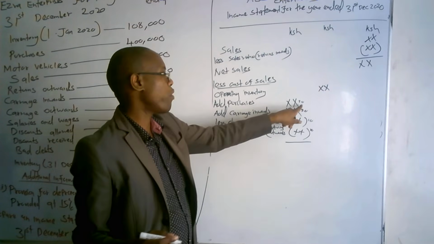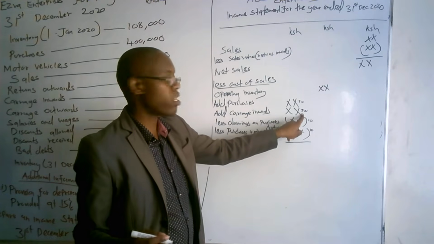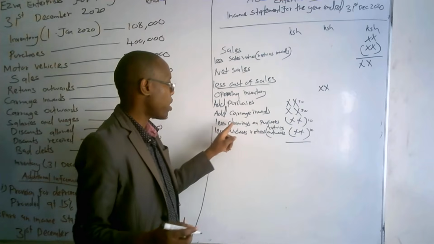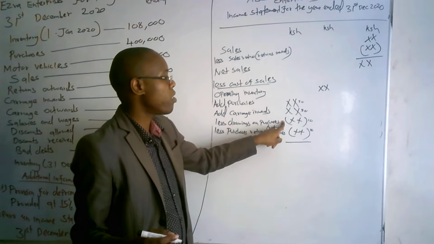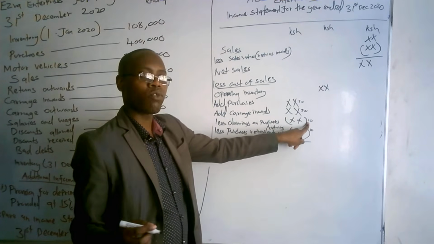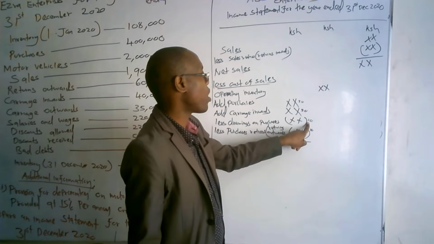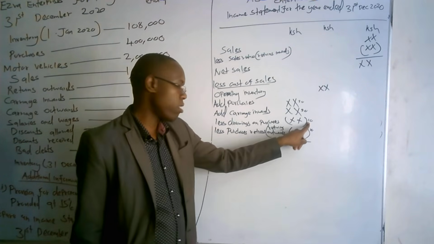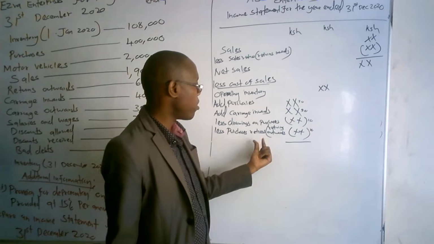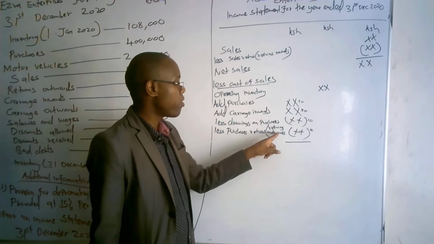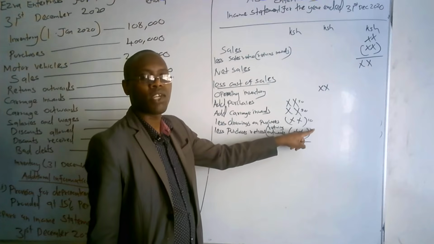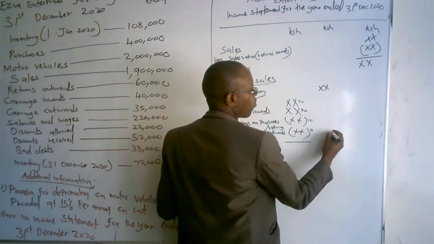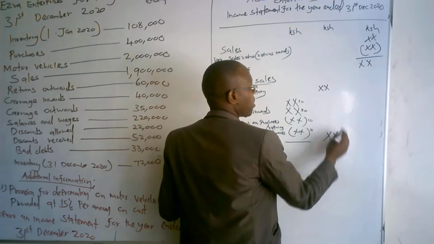So that is going to be 50 plus 50, that's going to be 100. And then of course you are going to less drawings on purchases, which you have been given here as 10. So it's going to be 100 minus 10, which will be 90. And again that 90 minus the purchases returns, or returns outwards, which we have said is 10, which is 80. So that 80 is what you transfer to the second current sign.